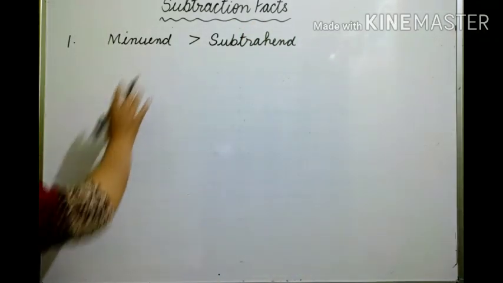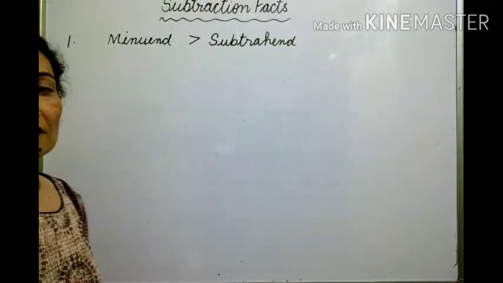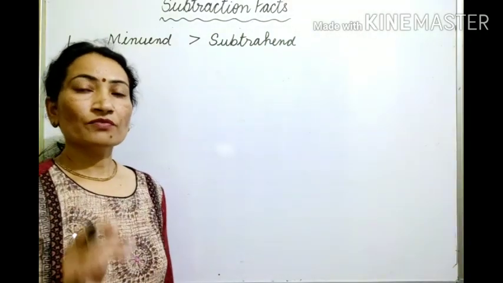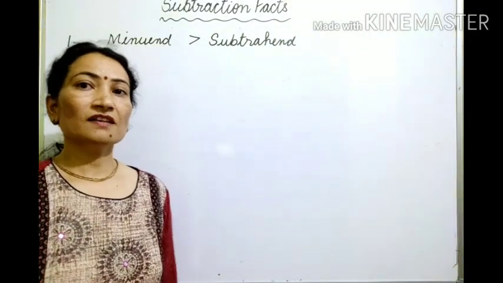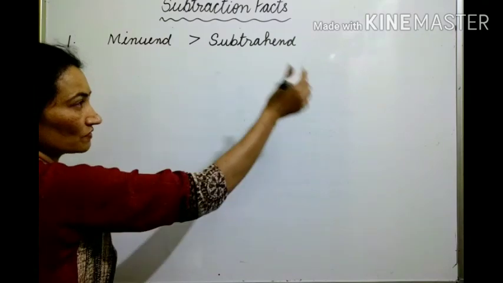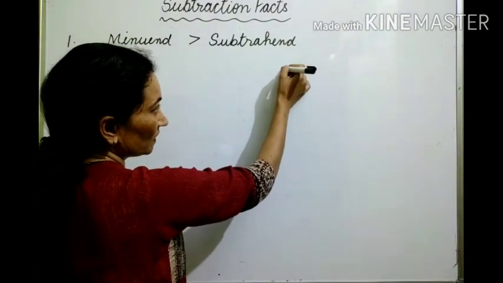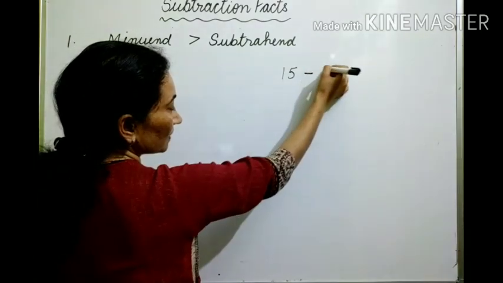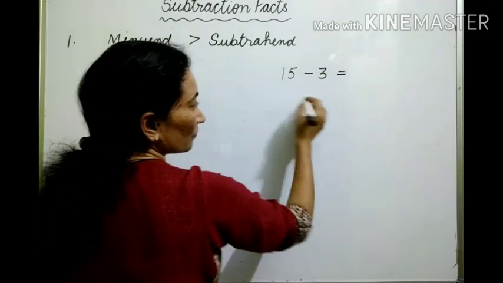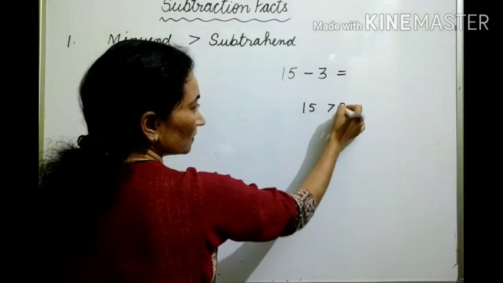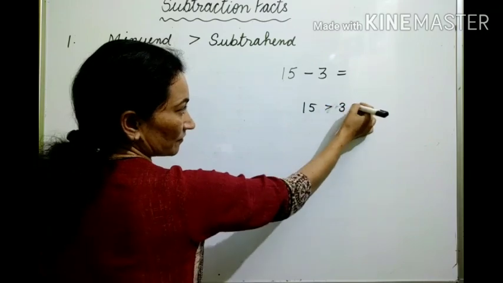It is an essential condition for subtraction that the number from which we subtract should be greater than the number which we subtract. We can take one example. Suppose 15 minus 3. 15 is greater than 3, so we can subtract.